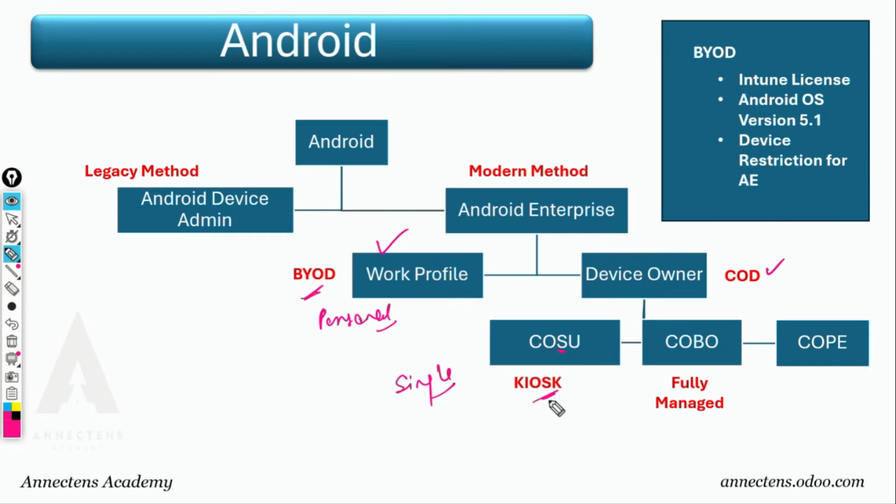So this is especially for kiosk devices. Kiosk devices are single devices where one application is running, like at an airport or a railway station, where one application is running and you do not require any user login. You simply put in your PNR details and you get the ticket printed.